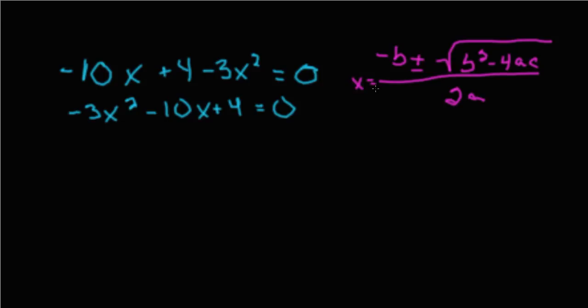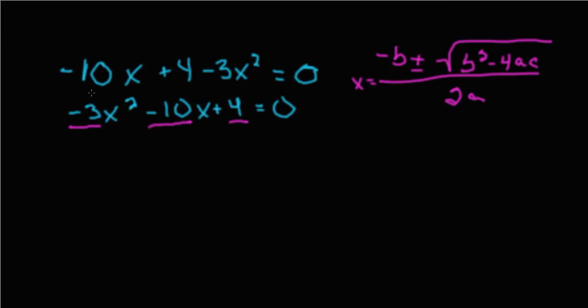x equals. All right, so first thing we want to do is identify what our terms are. This negative 3 is a, this negative 10 is b, and this positive 4 is c.